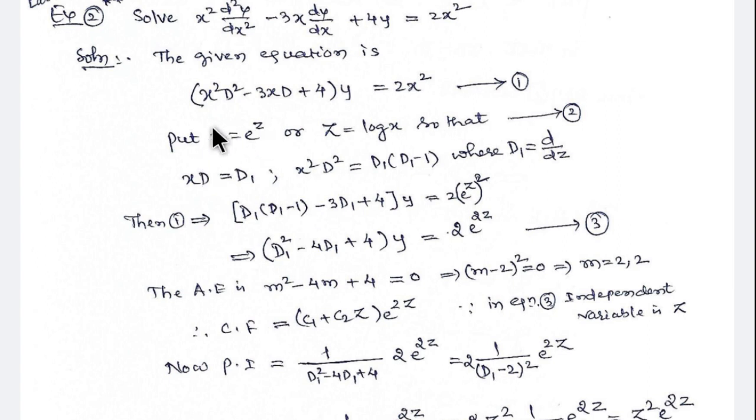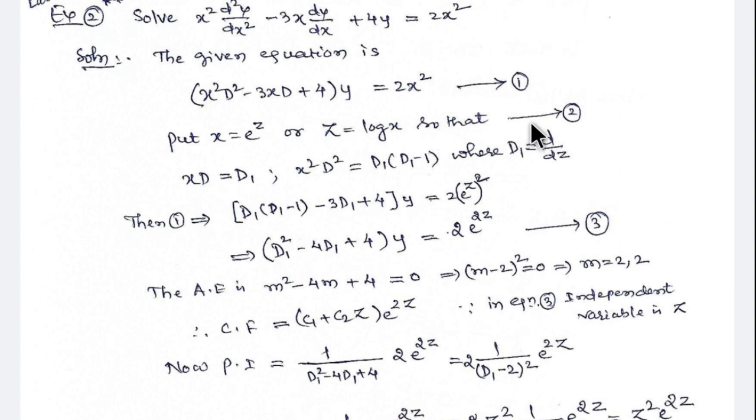This is a second order homogeneous linear equation, or Cauchy-Euler differential equation. You can solve this by transforming it into a linear equation with constant coefficients using the transformation: put x equal to e raised to z, or z equal to log x.